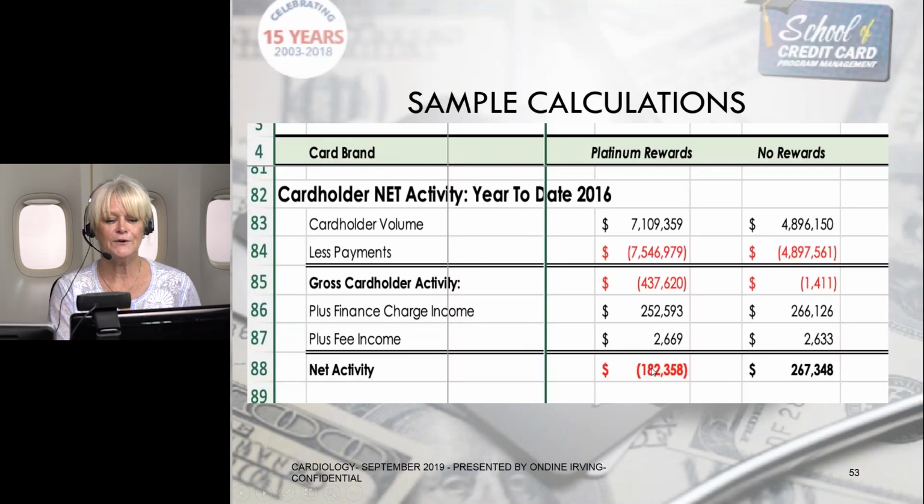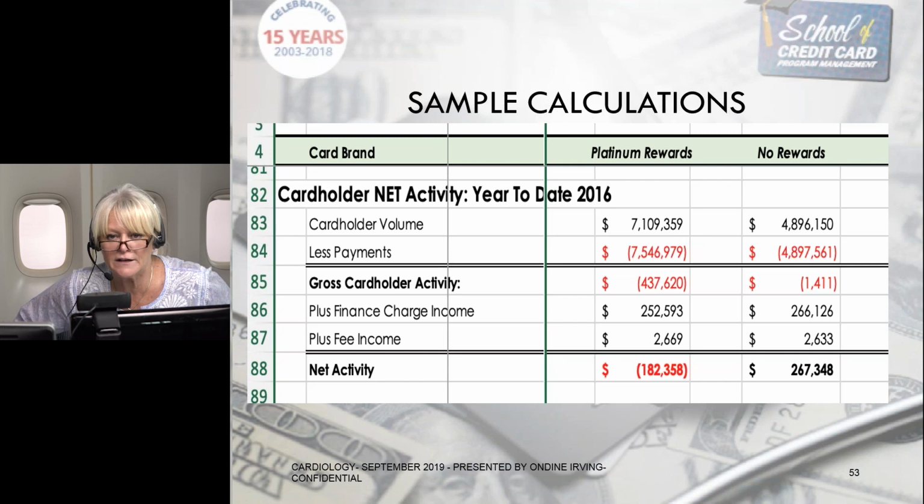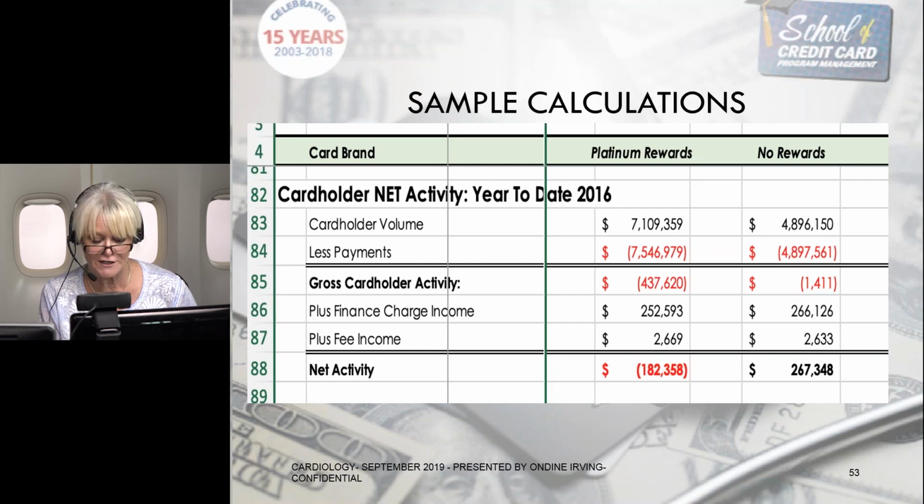What I want to show you here is a screenshot of the spreadsheet that I showed you earlier, and you have a handout. There is a section called cardholder activity. This is one of the things you want to track every month because this will be negative January, February, and March without fail, unless you have your balance transfer promo.